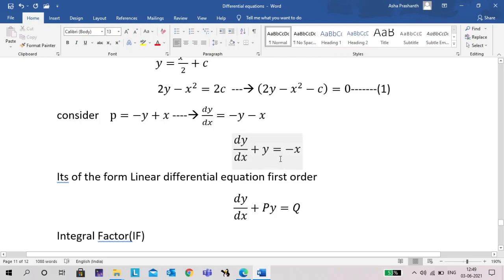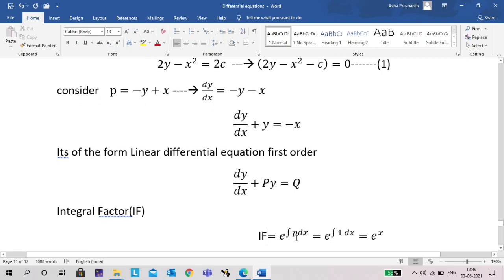So in this method, how do we find the solution? We have to find the integrating factor, and after finding it, we find the solution. The solution is y into integrating factor is equal to integration of q into integrating factor dx plus some integral constant. The integrating factor is e to the power integral of p dx. Here the p value is 1, right?